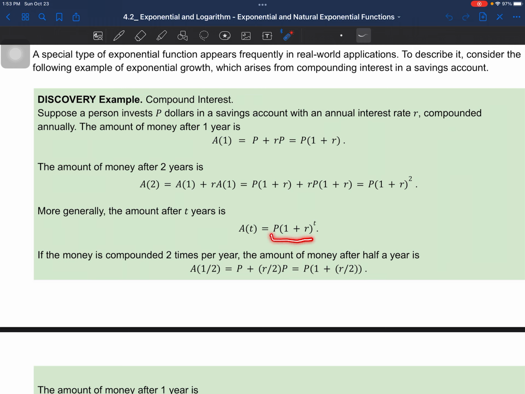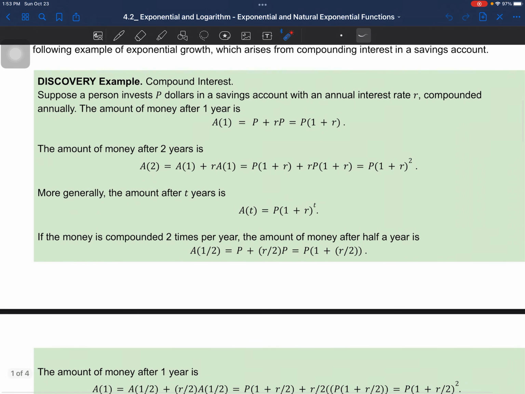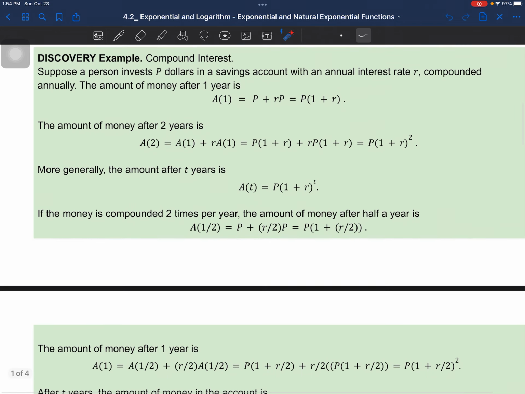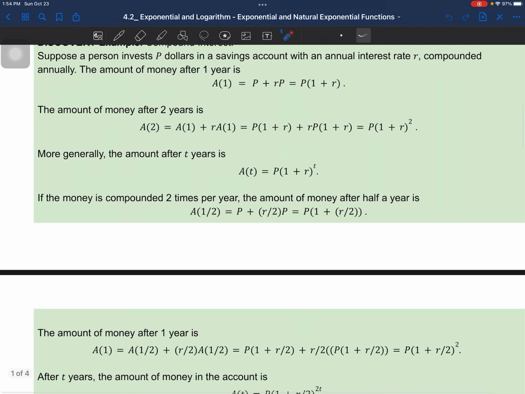So we can generalize this by saying the amount of money you can have at some random year t can be described as p times 1 plus r to the power of t, right? So we don't have to do this over again. You can think about that this is gonna be our function, but we're not done yet, right?